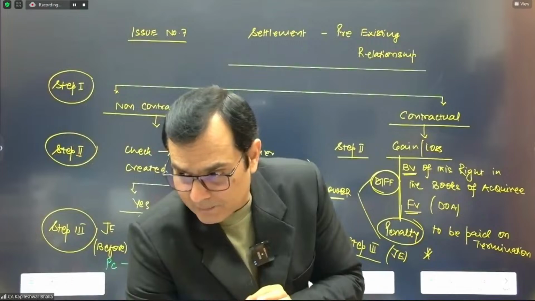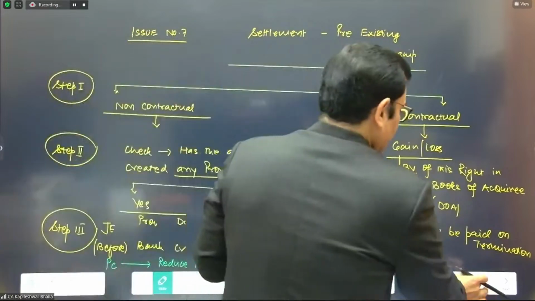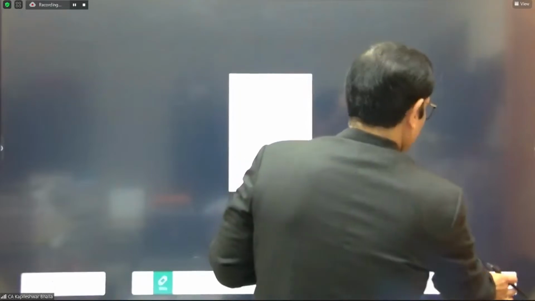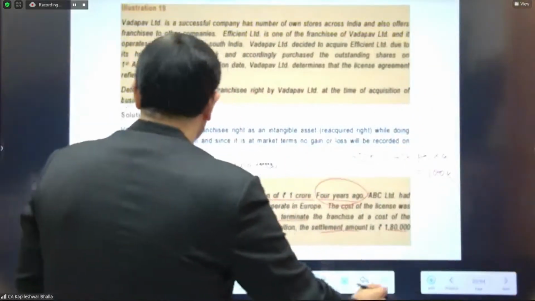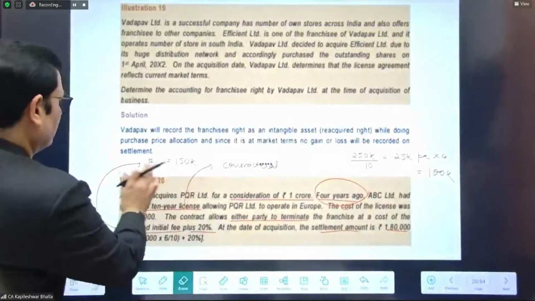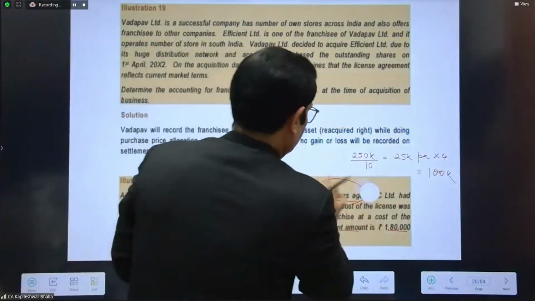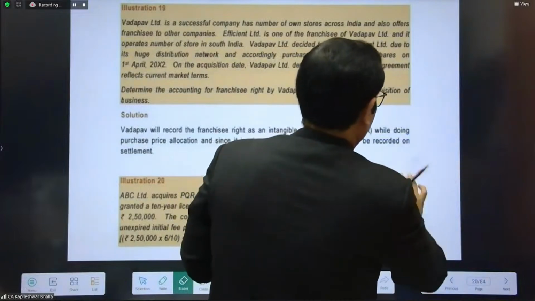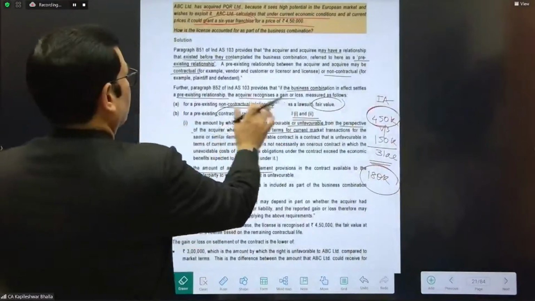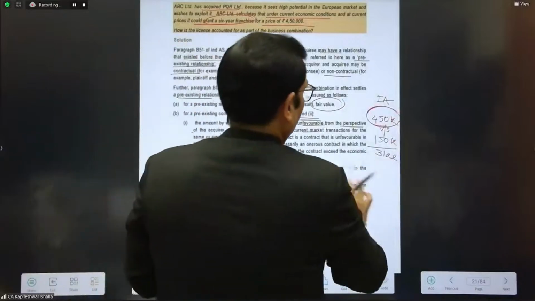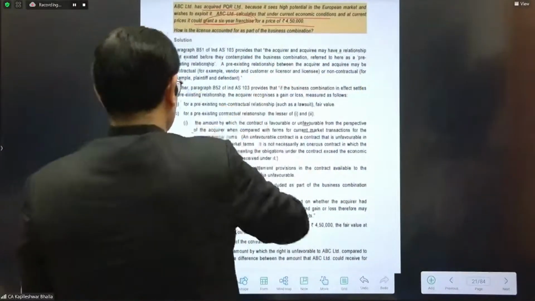Oh, no worry. I am now going to come back to illustration 20 to give you this larger concept as well. So let's come back to this illustration, and let me give you the entries and everything. Let's read it once again to get a clearer understanding of the picture. Let me clear this bit, then we're going to see the entries in this case.